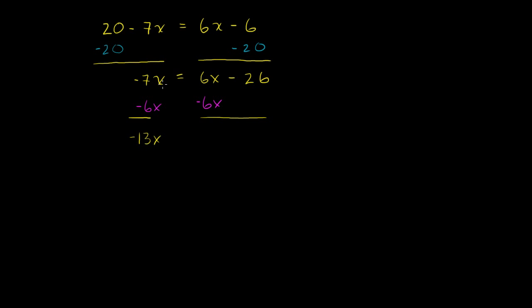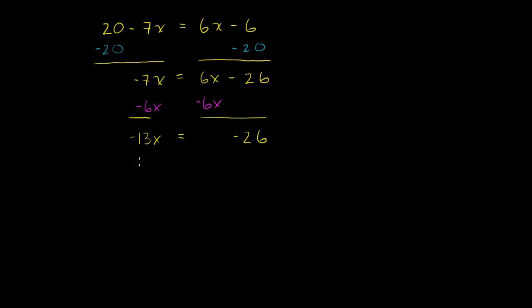It's negative 7 of something minus another 6 of that something is going to be negative 13 of that something. And that is going to be equal to 6x minus 6x. That cancels out. That was the whole point behind subtracting 6x. And then we have just a negative 26. So just negative 13x is equal to negative 26.